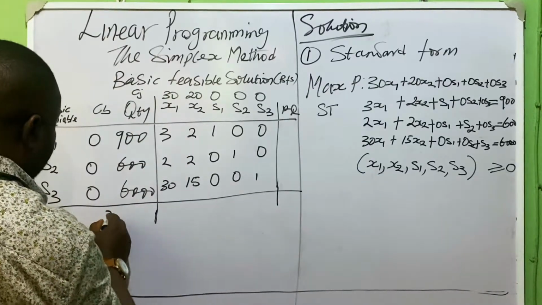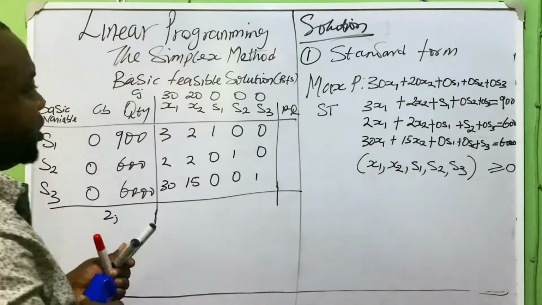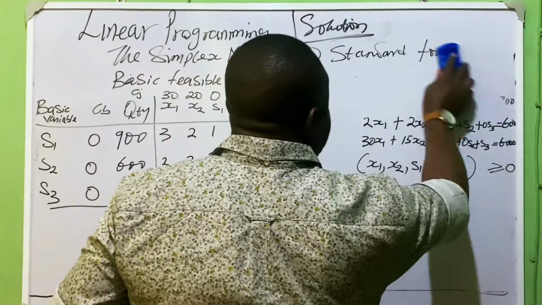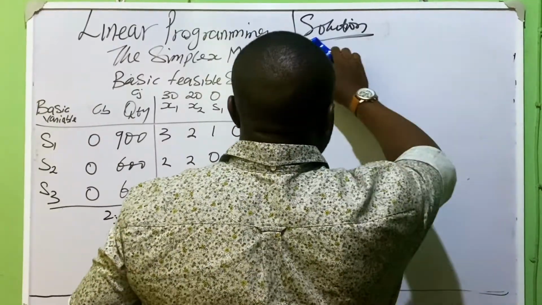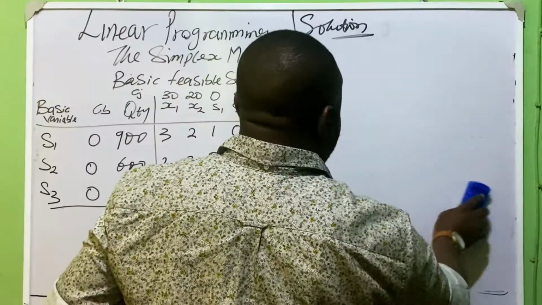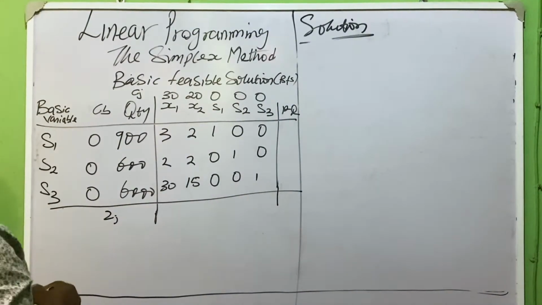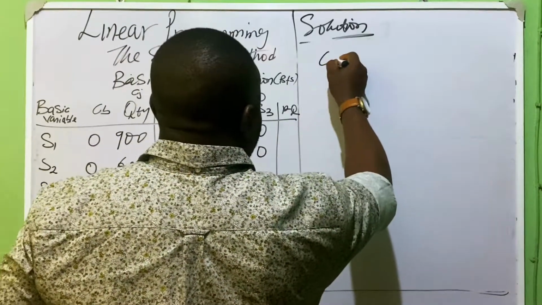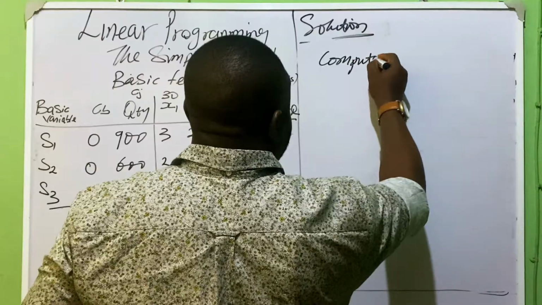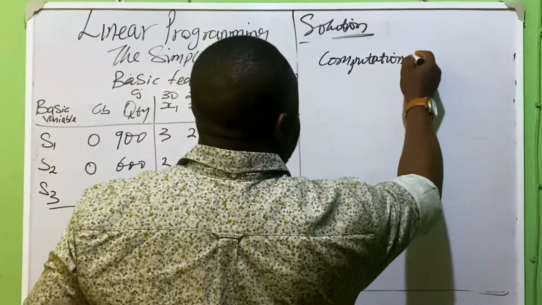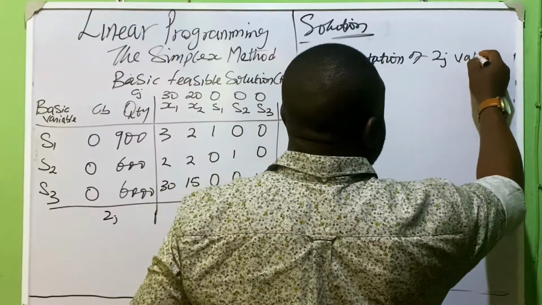So I will quickly clean here and use it for our computation of ZJ values.